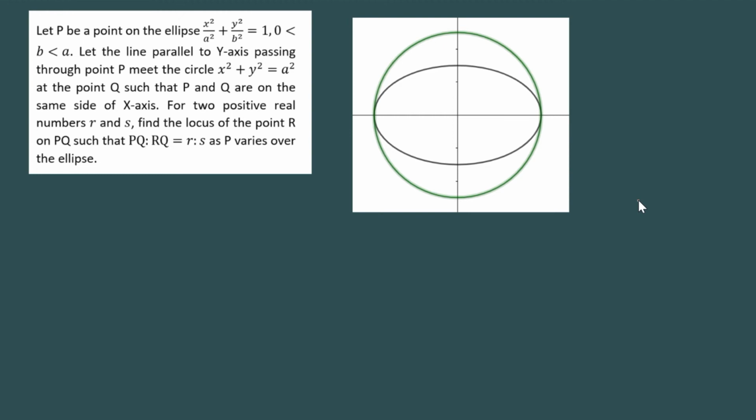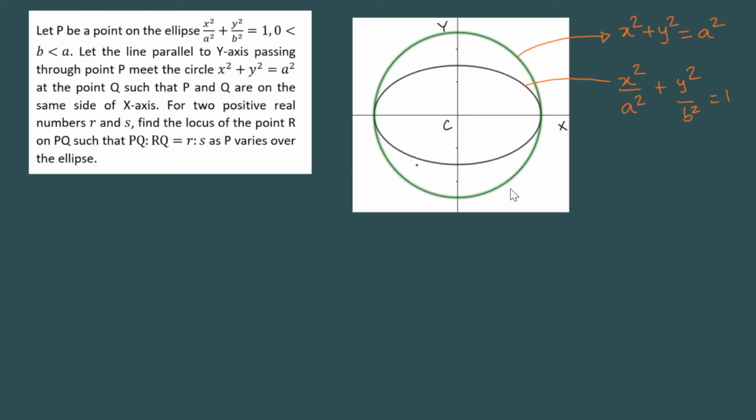Here I have the ellipse and its auxiliary circle. This is our ellipse, x square by a square plus y square by b square equal to 1, and this is our auxiliary circle, which is x square plus y square equal to a square. Let's say x-axis, y-axis, and C is the center.